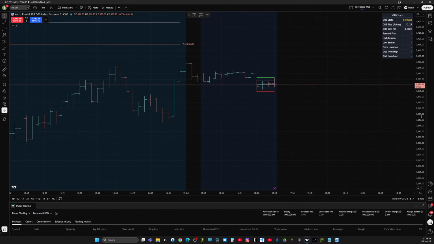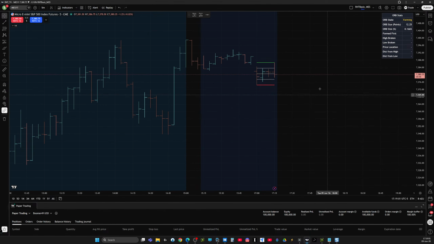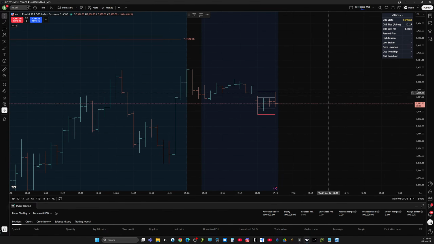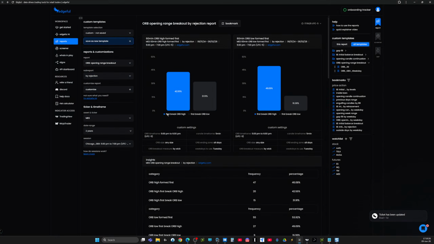So we'll stand by. And the reason these are important is that statistically, there's a higher probability that the later level, the later formed level, breaks out first. That's typically the way it works. And I'm talking about over here.